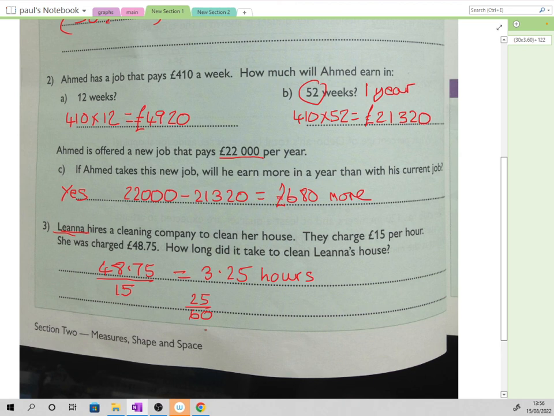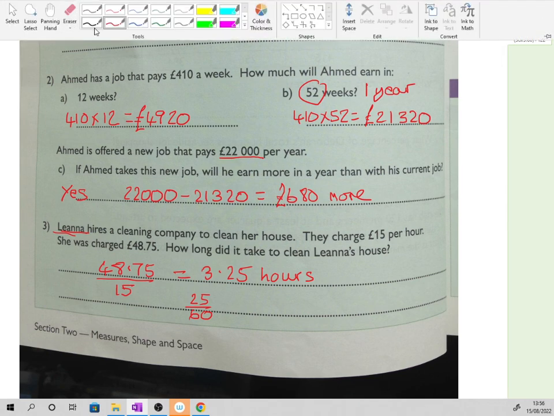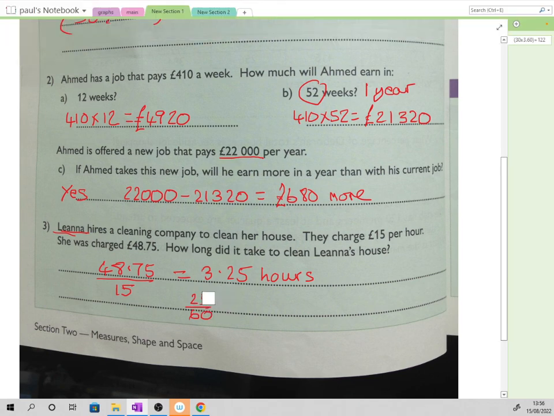2.4. Hang on, wait a minute. I'm trying to remember how to do this. How about if we do 60 times 0.25? That's the way. So 60 is the 60 minutes in an hour, and we're going to times it by the decimal 0.25, so it's sort of a quarter of 60.